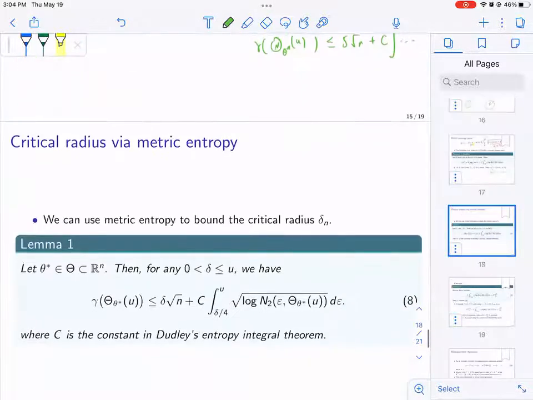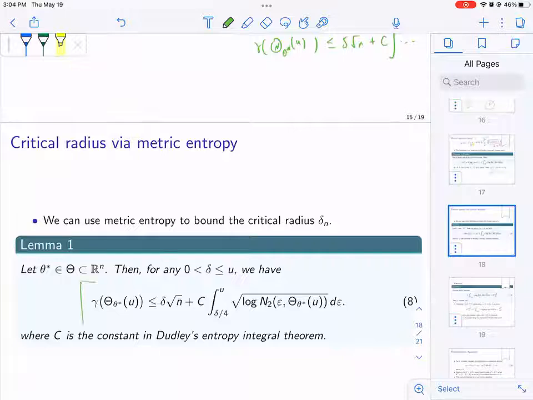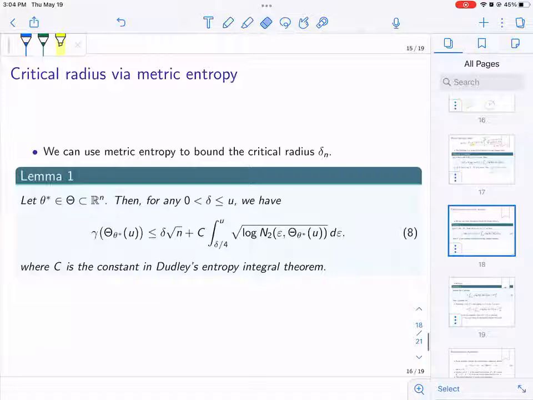So that's the result that I'm reproducing here. So this bound controls for any.